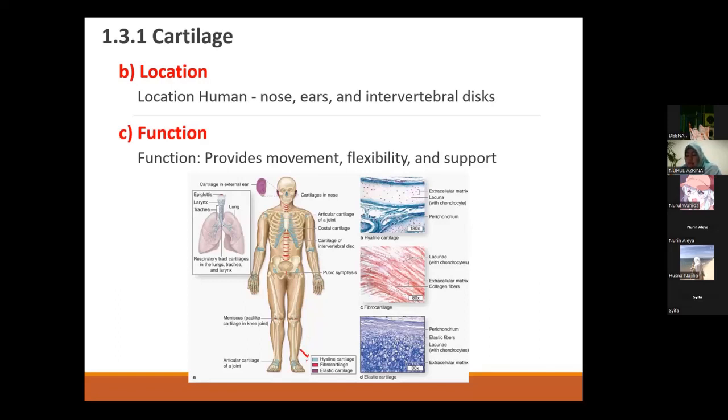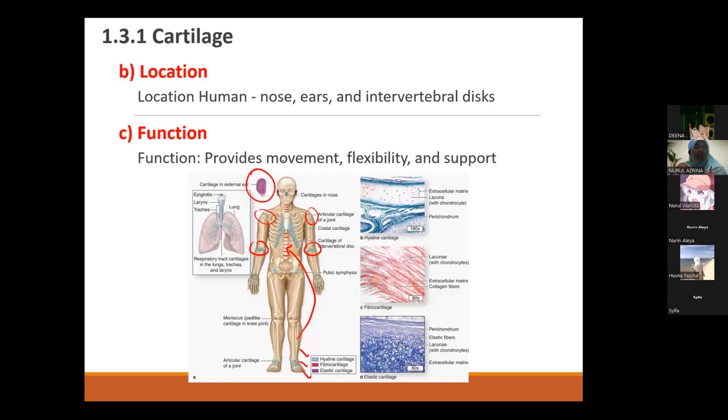Fibrocartilage, the red color, which can be found in our intervertebral disc. Hyaline cartilage can be found in the joints of bones, shoulder, wrist, elbow. And then elastic cartilage can be found in the ears. So that is the specific type of cartilage.